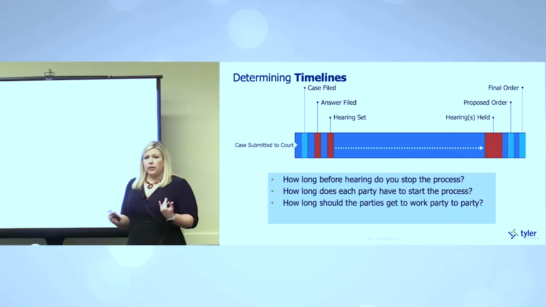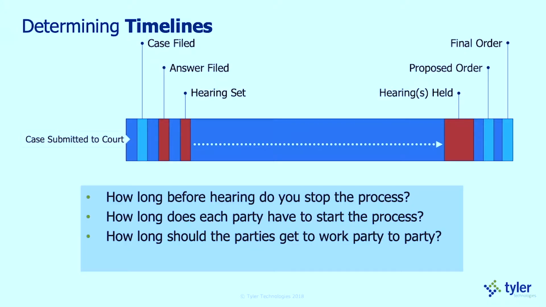How long do we allow them to just work between the 2 parties before we either automatically bring in a third party neutral, or allow them to request that? And maybe some jurisdictions are thinking, I only want to allow party to party, or maybe even the opposite, and I don't want to allow any party to party. I only want to allow this process with a mediator.